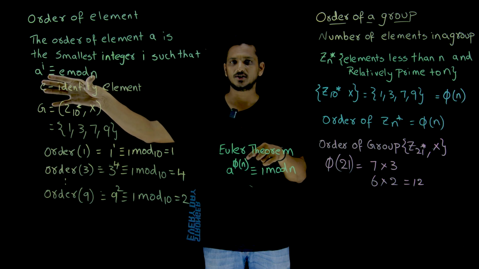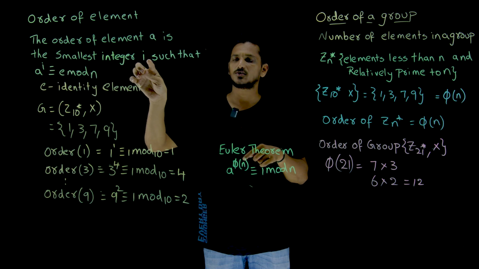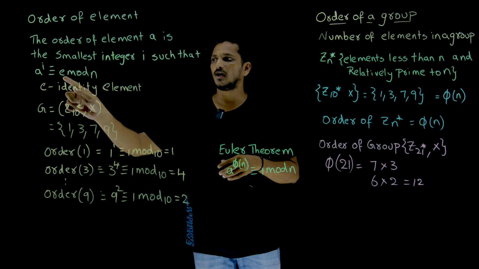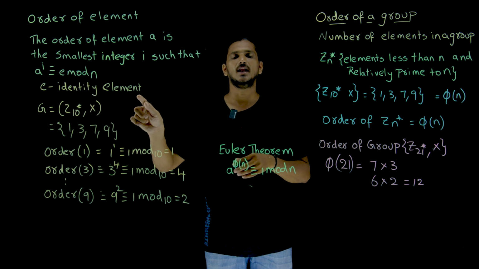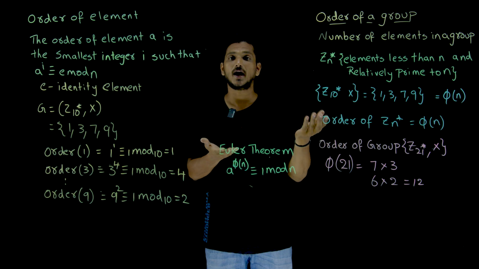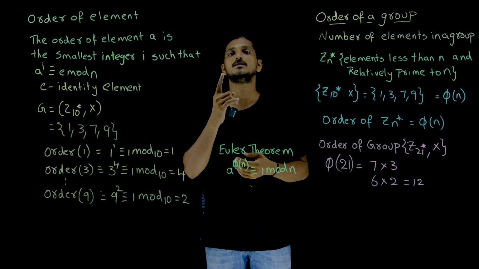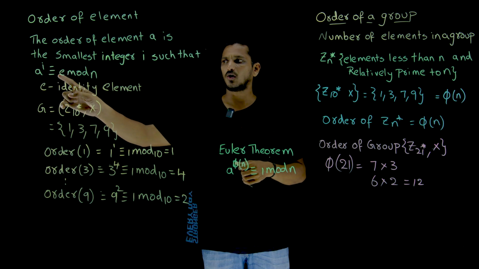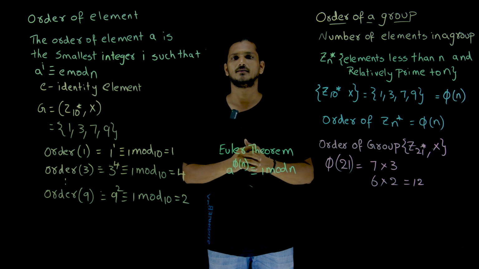If it satisfies this equation, then I is called the order of the element. Here E means the identity element. If you consider these types of groups, for multiplication, what is the identity element? 1 is the identity element. So A power I is congruent to 1 mod n.